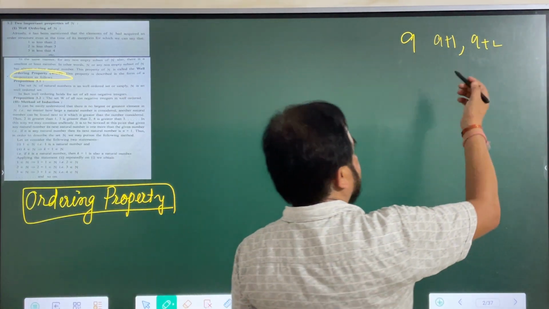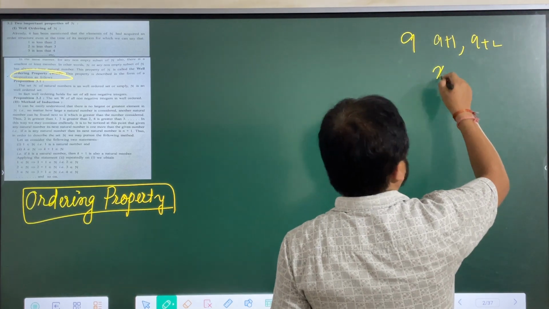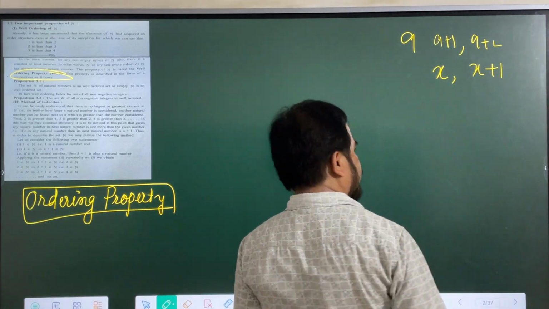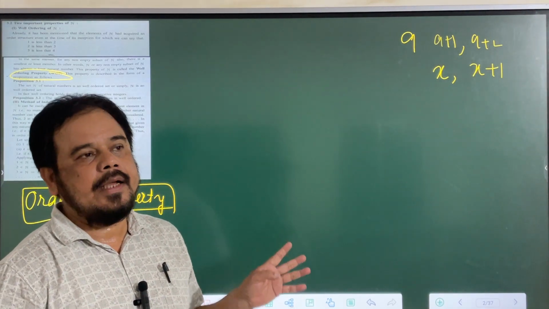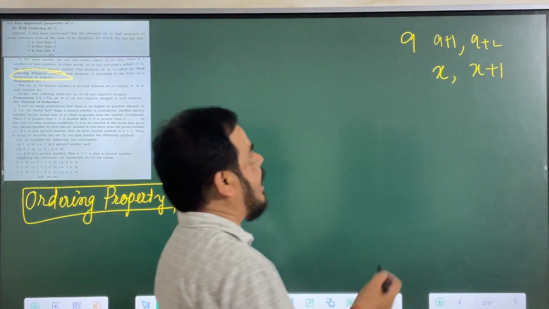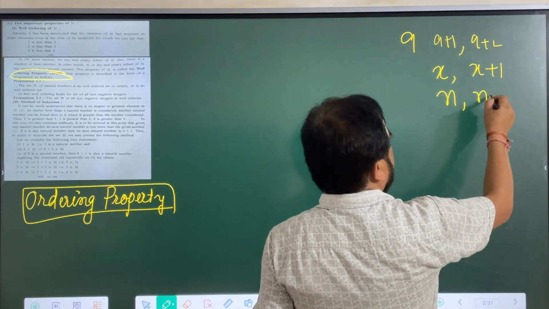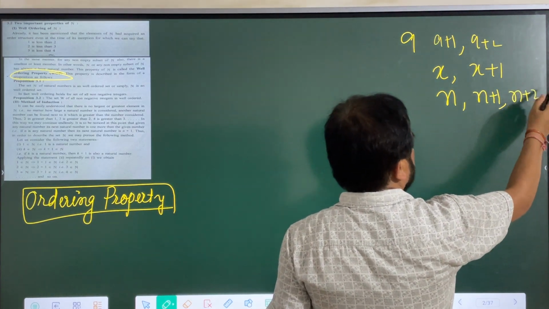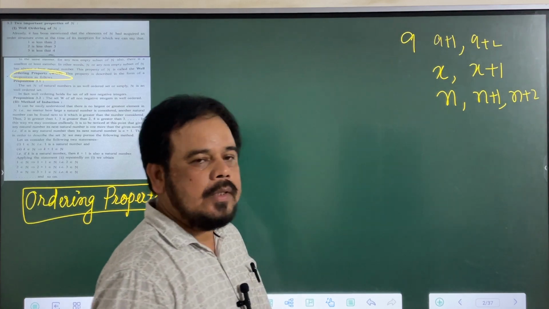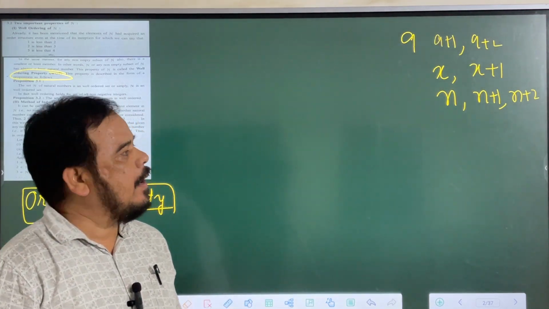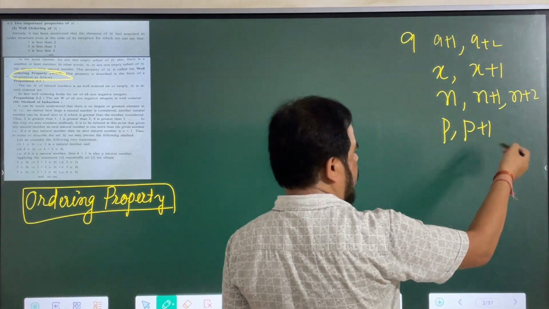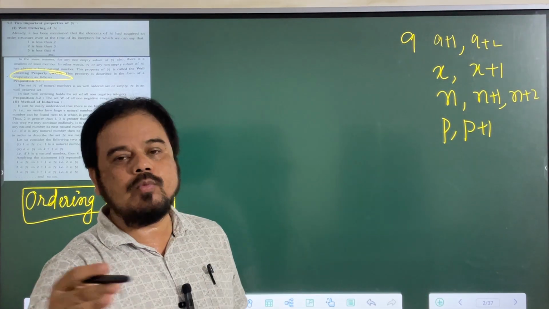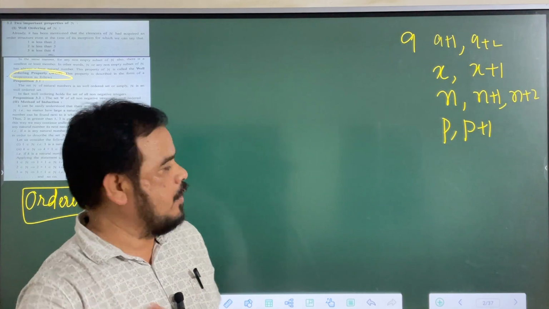Symbolically, if it is x, next will be x plus 1. We don't know what is x, but x is a natural number. If it is n, next will be n plus 1, next will be n plus 2, this way. If it is p, next will be p plus 1, because natural numbers increase 1 by 1. So that is the ordering property.